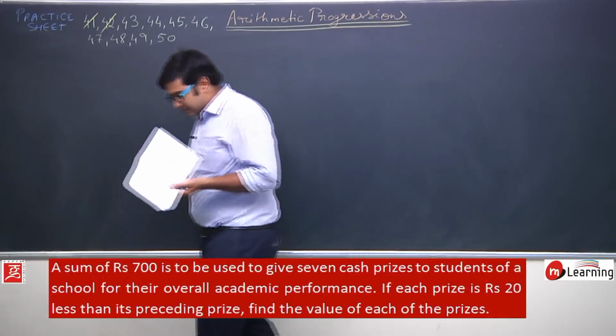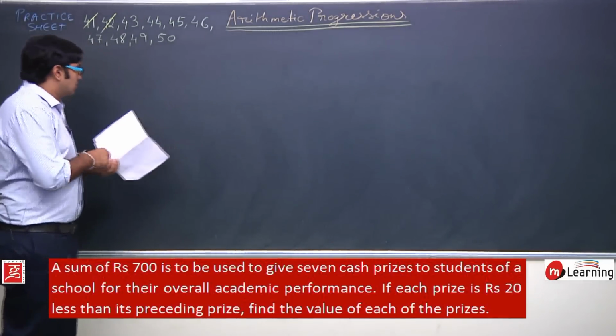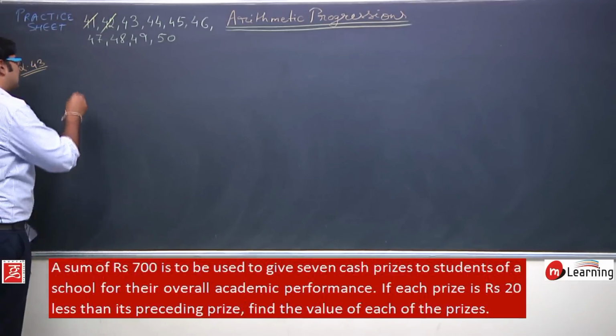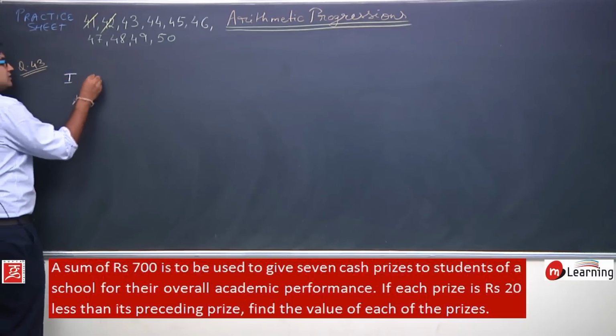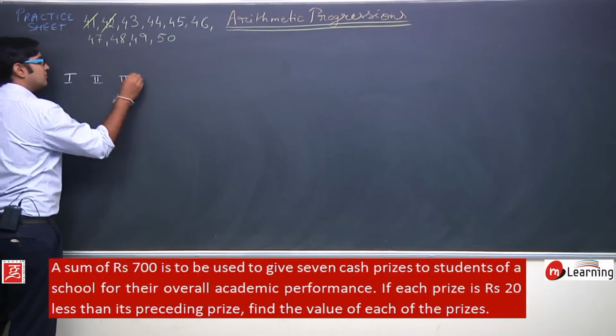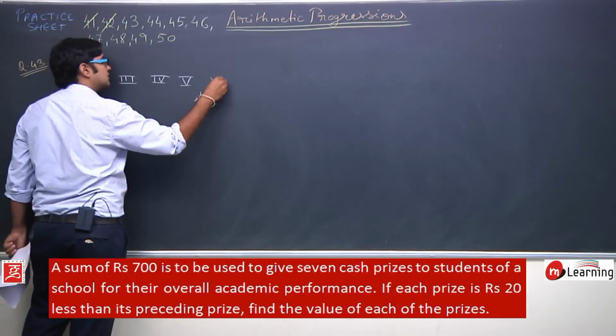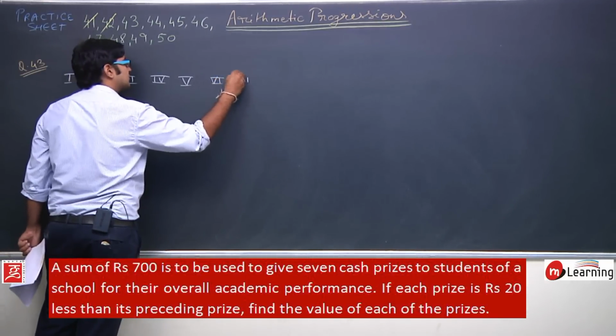So what question number 43 is trying to say is that there are 7 cash prizes: first, second, third, 4th, 5th, 6th and 7th.